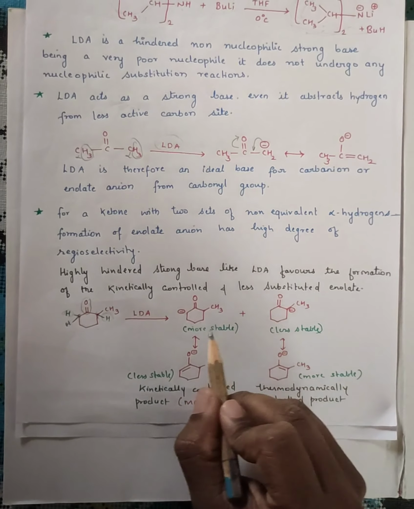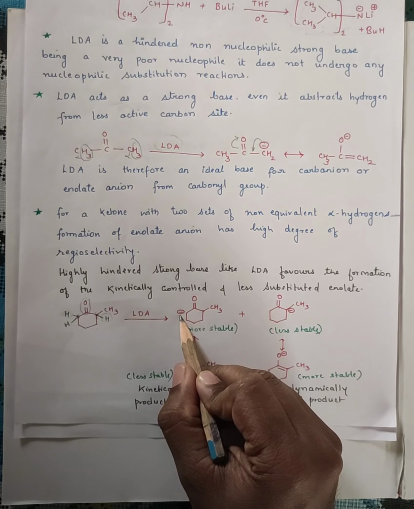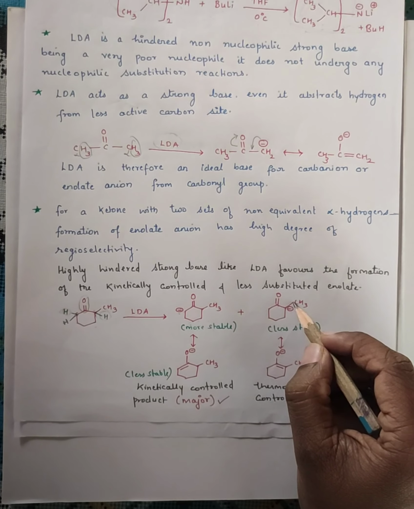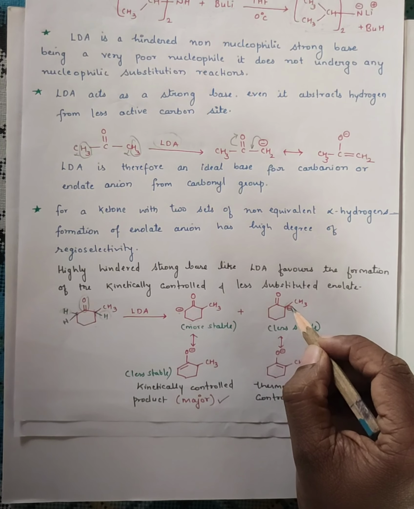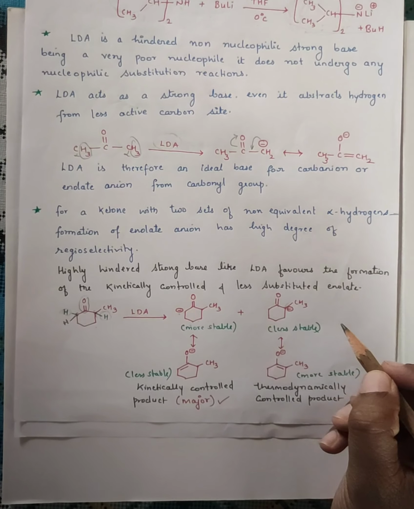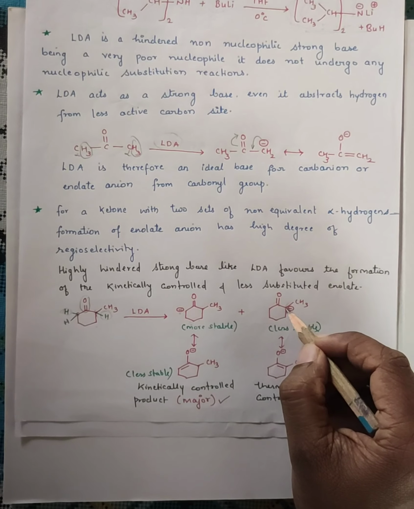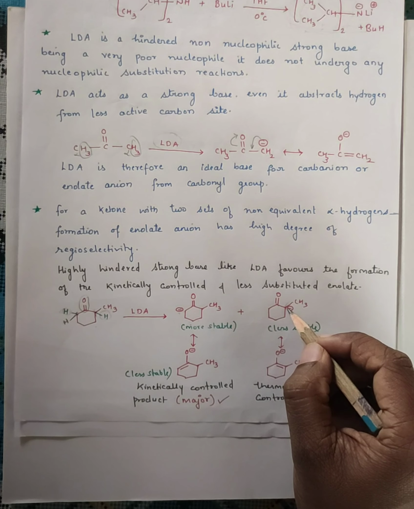Now out of these anions, as per carbanion stability, this anion is more stable than that one. Why? Because CH3 is an electron donating group. An electron donating group always makes the anion, nucleophile or carbanion, weaker and less stable, because the electron density is already high. The electron donating group makes this carbon even more unstable.